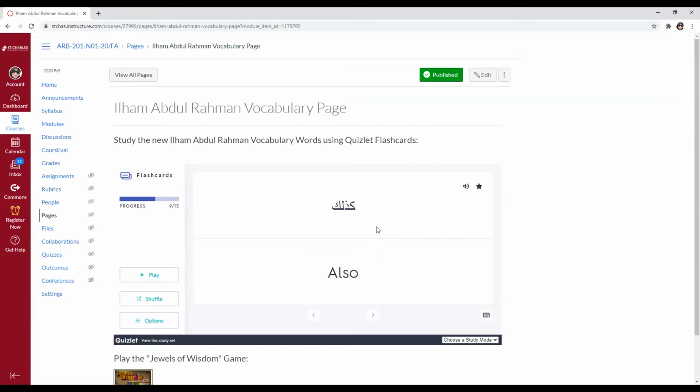Can either of you think of a word that we just saw in the last chapter that also means also? أيضا, very good. So أيضا or كذلك, they both mean also.